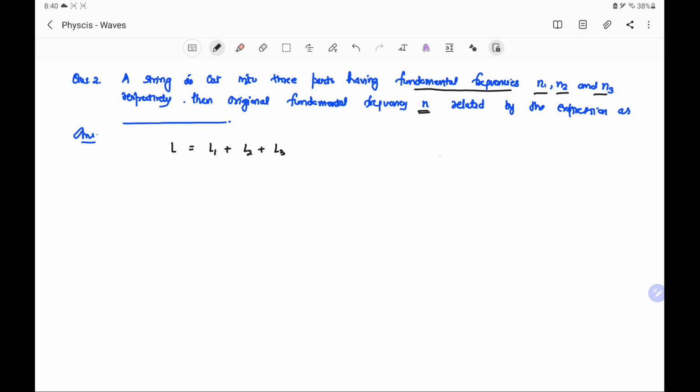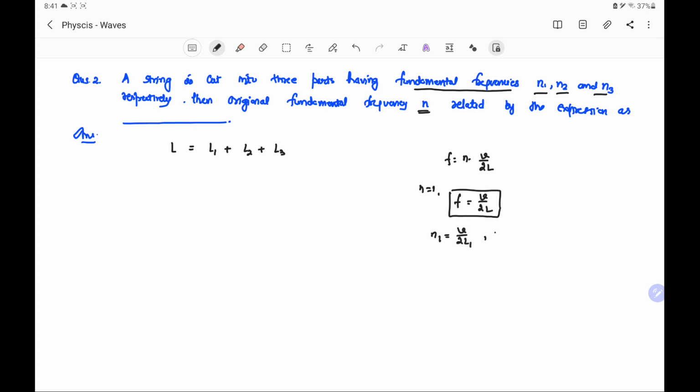Now we know that for a stretched string, if there are n loops of oscillation, then the frequency is given by n into v by 2l. And for n equal to 1, the fundamental frequency f is equal to v by 2l. This is the formula for the fundamental frequencies. So in the first case, n1, the first frequency, is equal to v by 2 into l1.